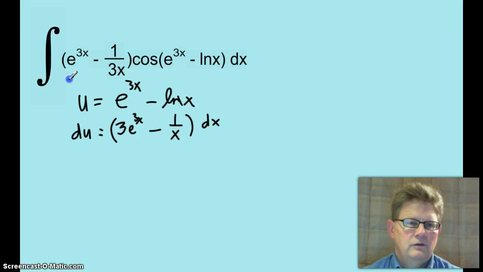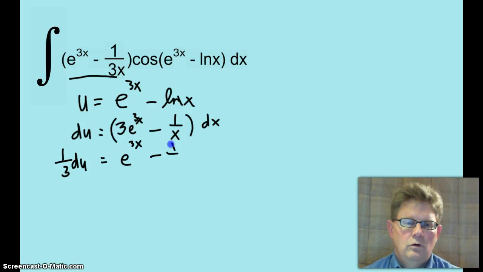That's not quite what this is. So what we're going to do is divide both sides by 3. 1/3 du equals e to the 3x minus 1 over 3x dx. There we go.